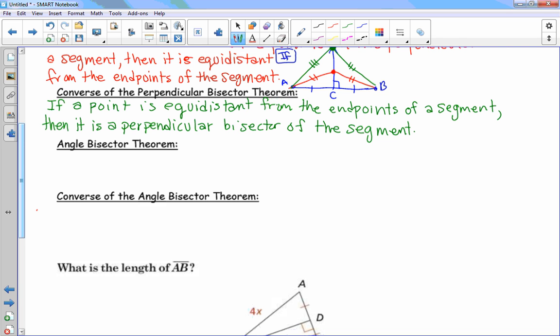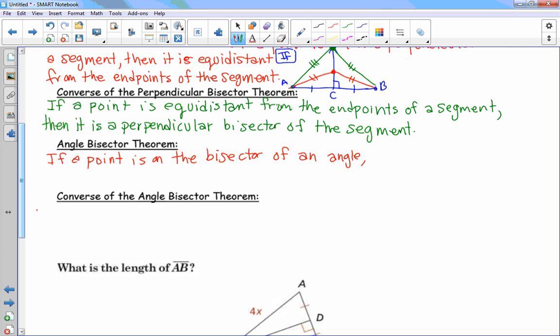Okay, if a point is on the bisector of an angle, then the point is equidistant from the sides of the angle.